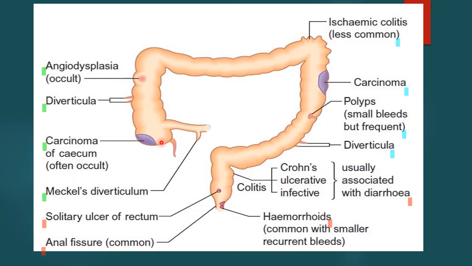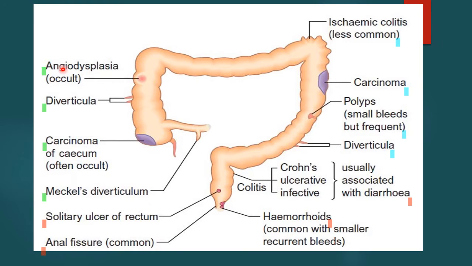This diagram shows the setup of the lower gastrointestinal tract where the bleeding takes place. On the right, highlighted by this green ink, are the 4 common causes from the small intestine and ascending colon.